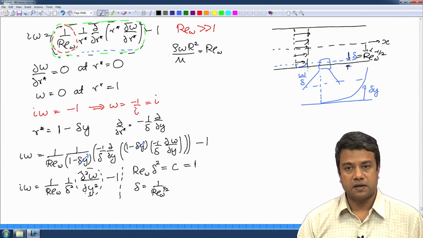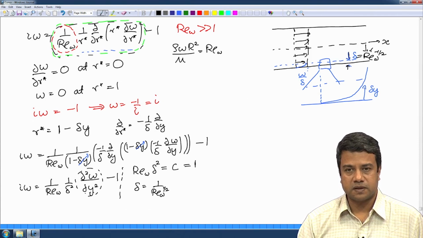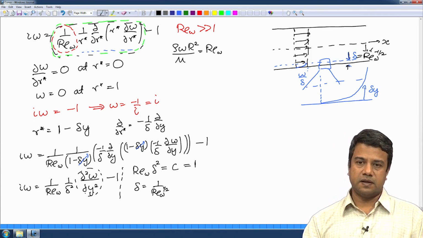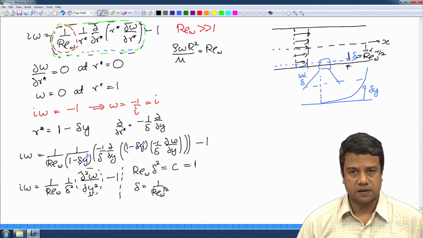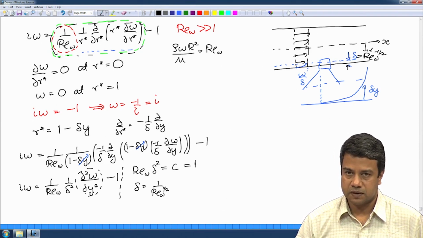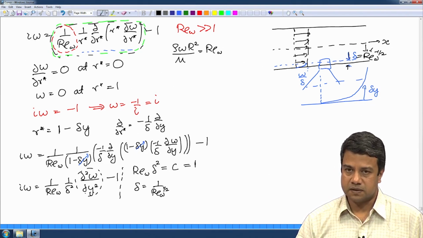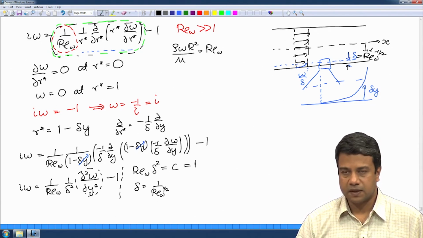And we had identified the source of that inconsistency. Mathematically, it is because the viscous term is the highest derivative, and therefore, if you set the viscous term equal to 0, you do not get a differential equation anymore. There are no constants of integration, and it is not possible to satisfy boundary conditions.